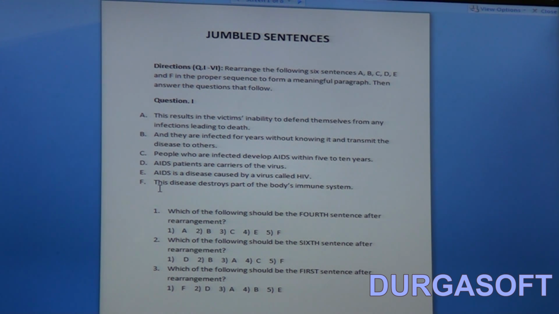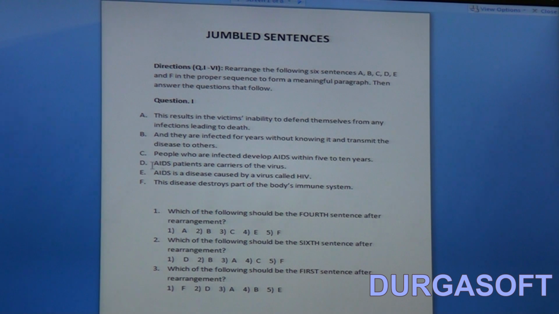So the next step is find out sentence number 1, which is the first sentence. So how can we find out? Can we take sentence B as the first sentence? Why not? Yes, it begins with and, right? It begins with and, which is a conjunction, which means it is a word which joins 2 sentences.